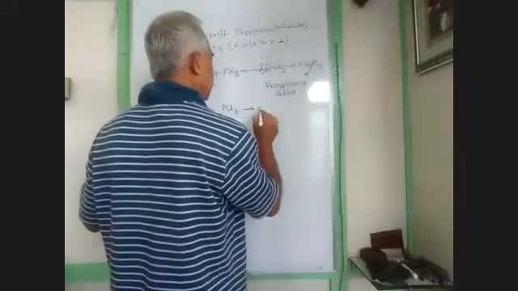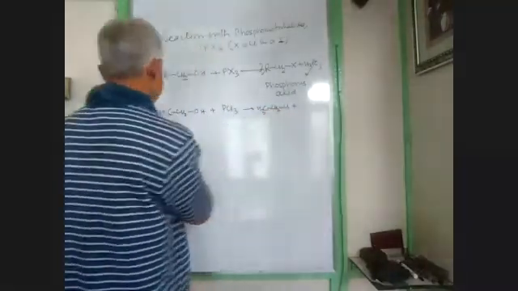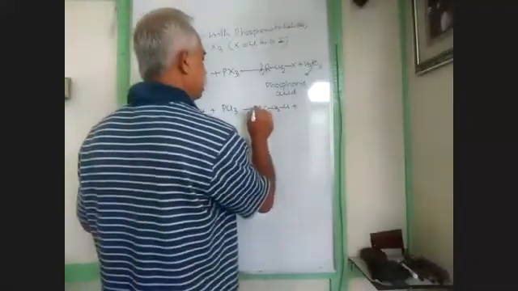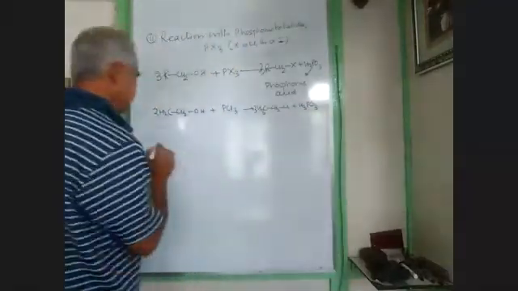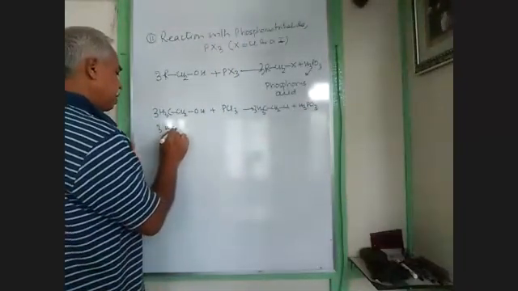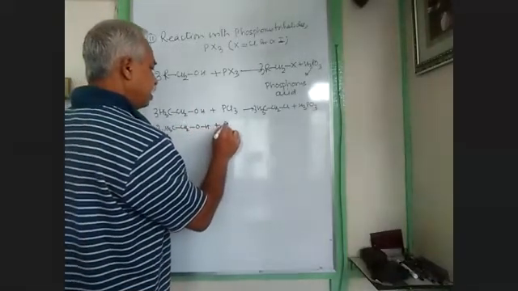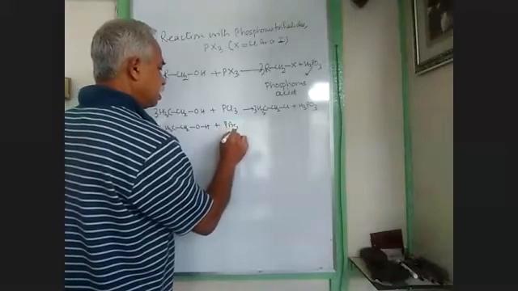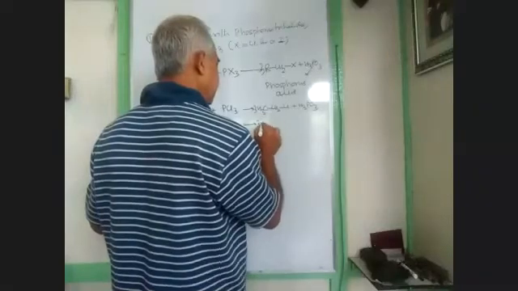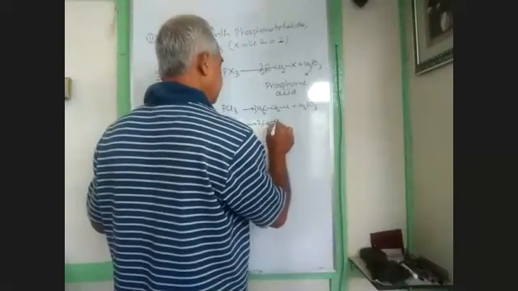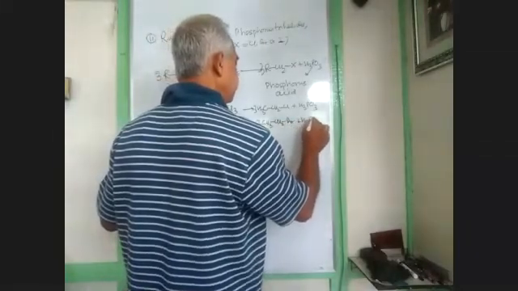What you will get? CH3, CH2Cl, 3 molecules, and you get H3PO3. Now, if you have taken phosphorus tribromide, then you get CH3, CH2, Br, and H3PO3.